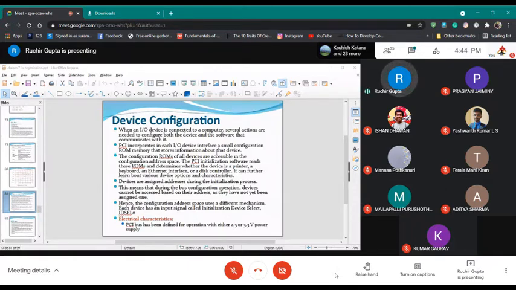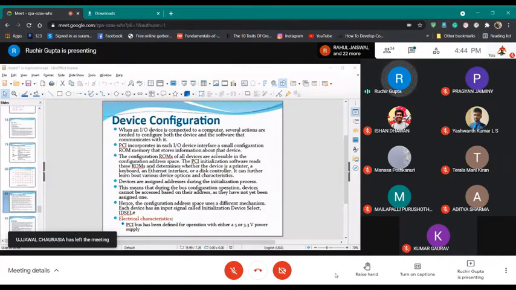So how to get an address, that is taken care of by the device configuration space. Every device interfaces with a small configuration memory that is of ROM type, and that stores the information about the device.